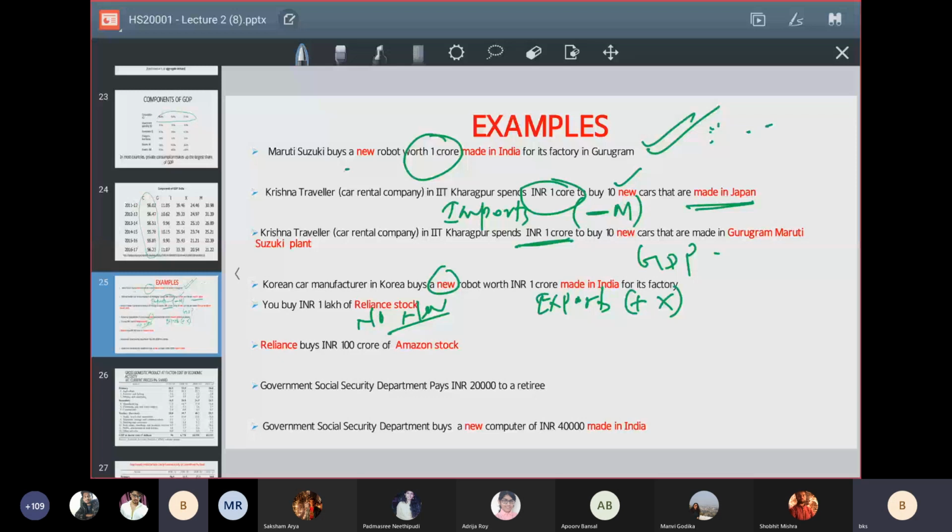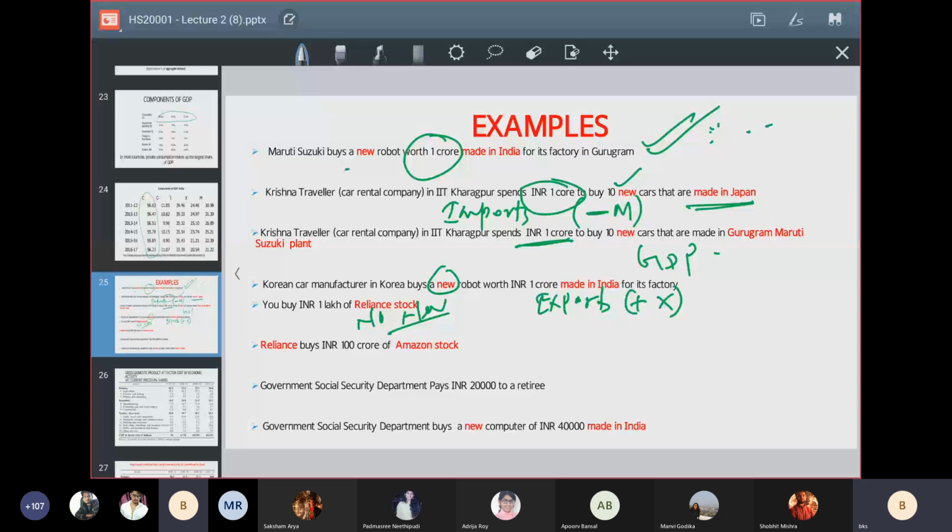Similarly, if the government social security department pays 20,000 rupees to a retiree, that is nothing but a transfer payment. Because it's a transfer payment and does not create any services, it is not part of our GDP.